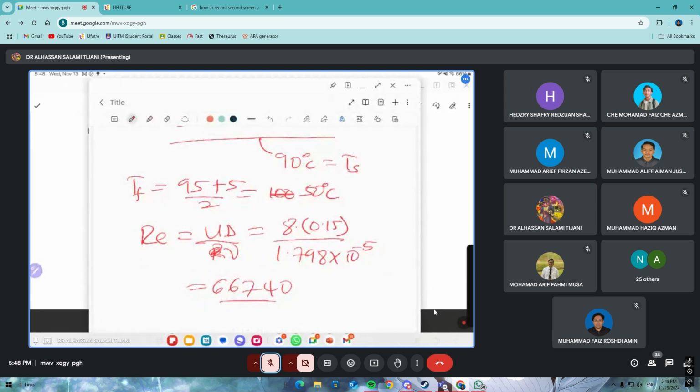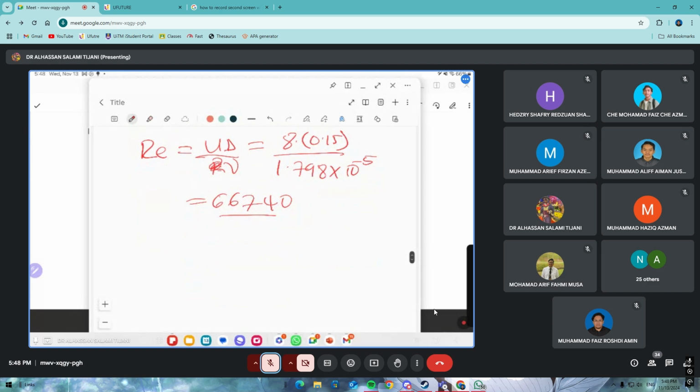So now, based on this, I'll have my Nu equals 0.027 times Re to the power 0.805 times Pr to the power 1/3.